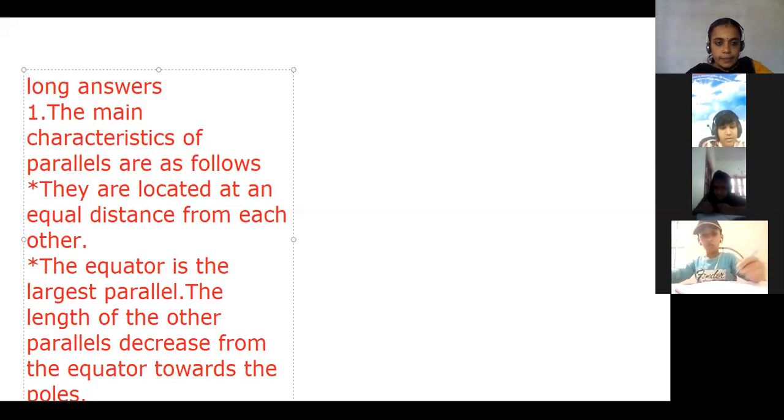Main characteristics of parallels. First one, the main characteristics of parallels are as follows. They are located at an equal distance from each other. Second one, the equator is the largest parallel. The length of the other parallels decreases from the equator towards the poles.